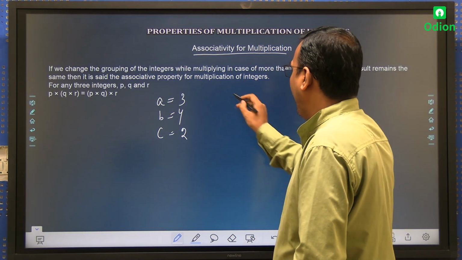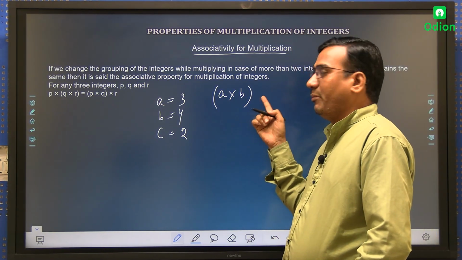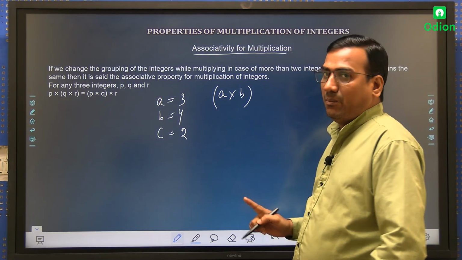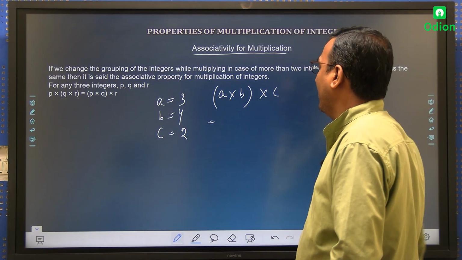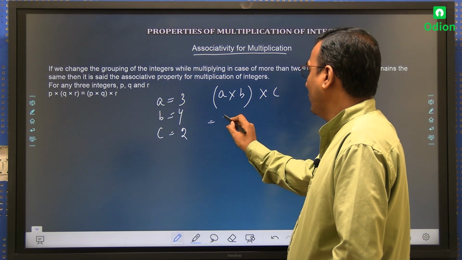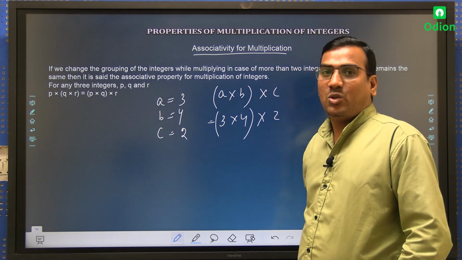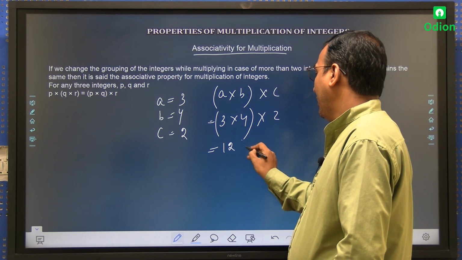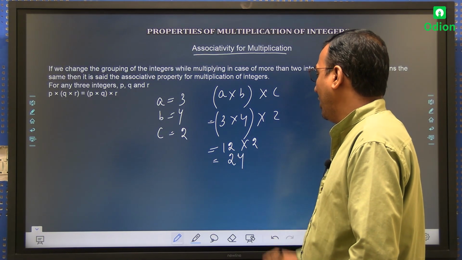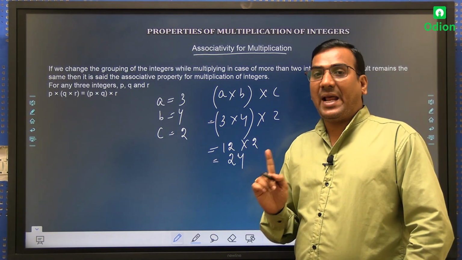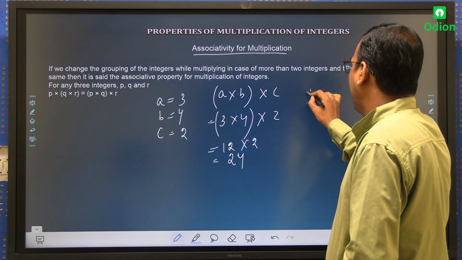If I write A multiplied with B, I have to take a bracket of A and B. It means we first multiply A with B and then multiply by the value of C. What will the result be? 3 into 4 into 2. First I multiply these two digits, it is 12. Then times 2, the result is 24.